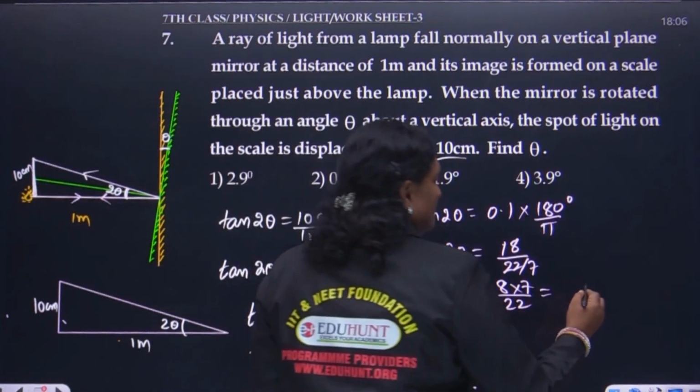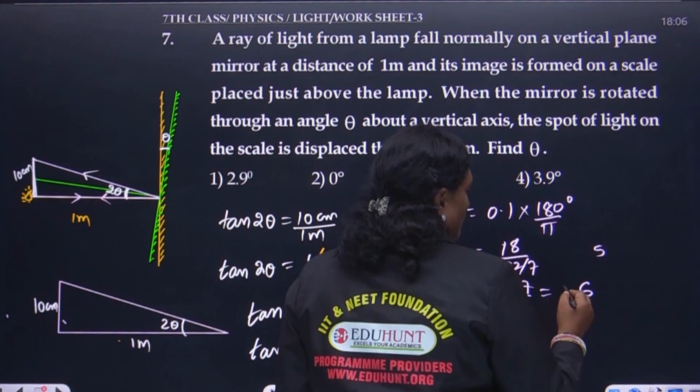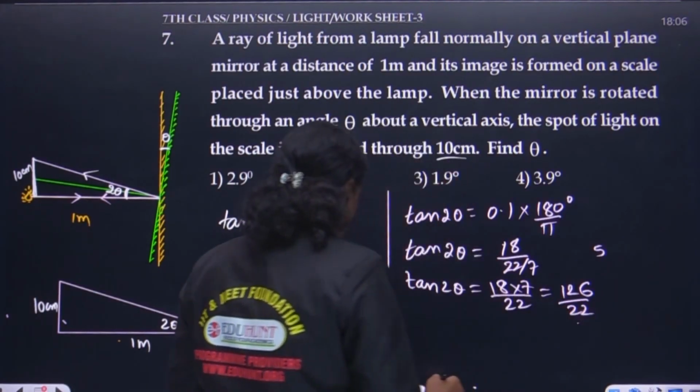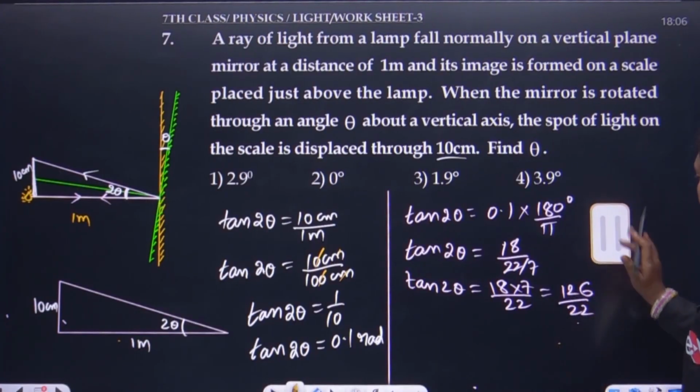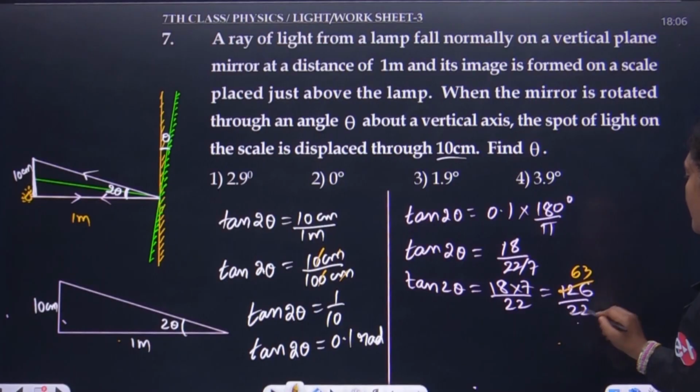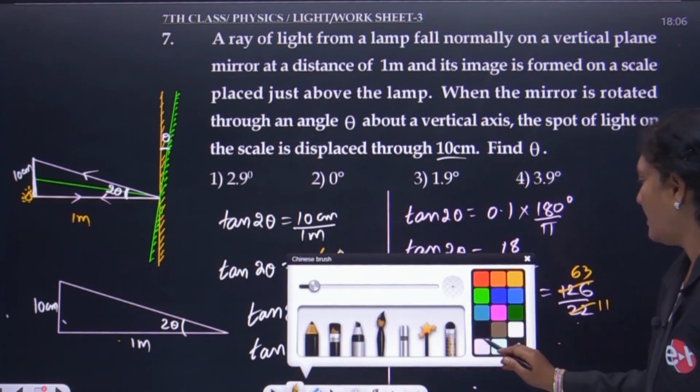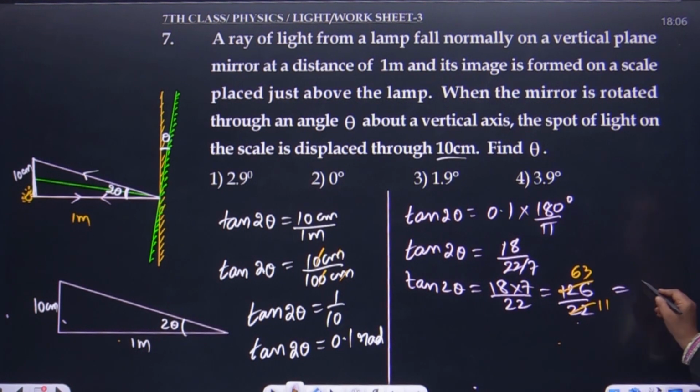Multiplying, 18 sevens are 126, upon 22. Simplifying further, 126 goes 63 times and 22 goes 11 times, and finally this value is found to be 11 fives are 55, remainder 8, so 80 means 70, something like this, 5.7, then 30, 11 twos.